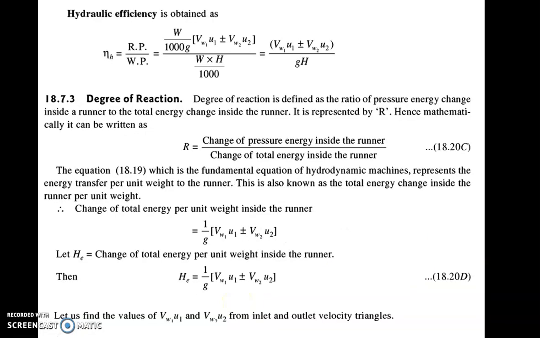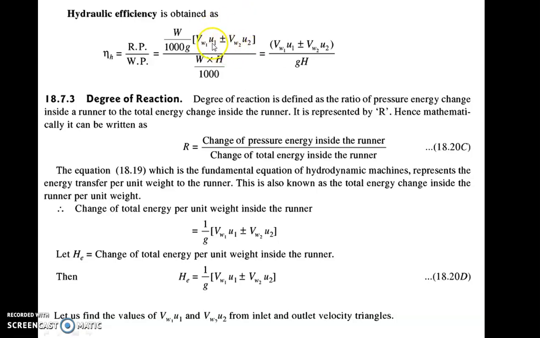Then hydraulic efficiency, as we have seen, is runner power upon water power, and water power you are going to take as gH. That you have to remember. The formula was 2 times (VW1 plus minus VW2) multiplied by only U, because U1 and U2 were equal for impulse turbine.